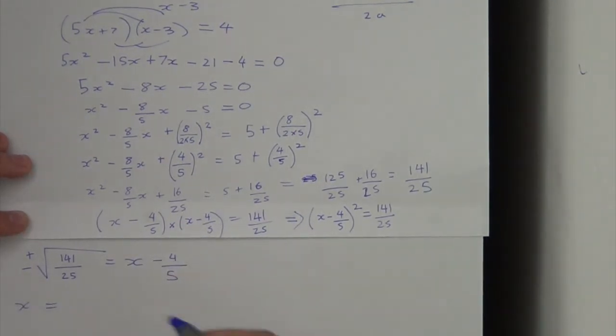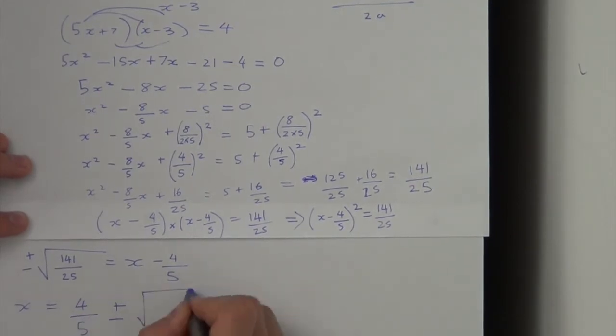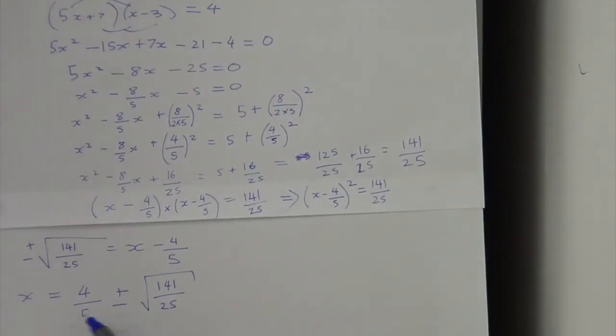Therefore my x is going to be 4 over 5 plus or minus the square root of 141 over 25. And you just do that on your calculator and you should get 2 answers. So that's that question.